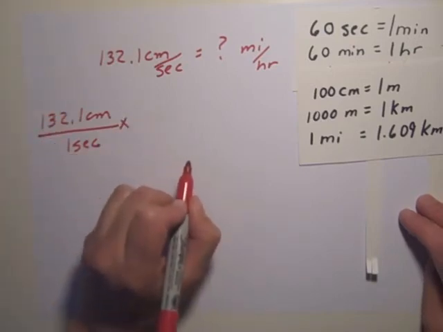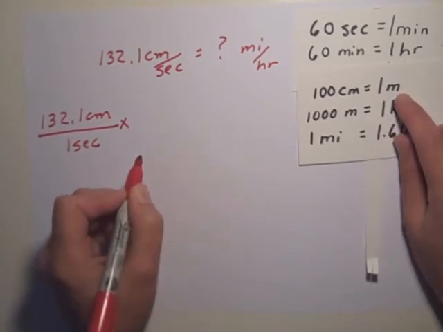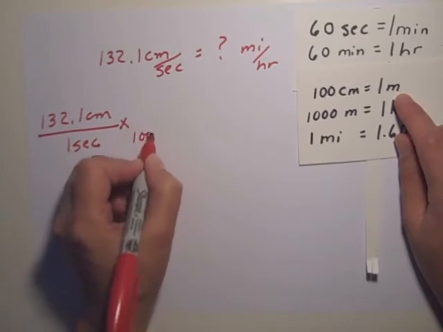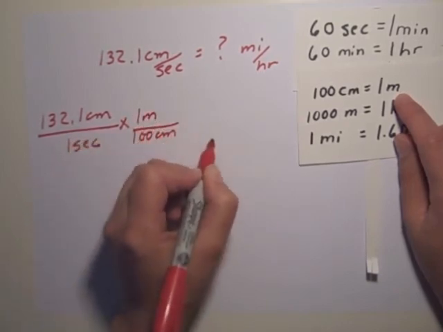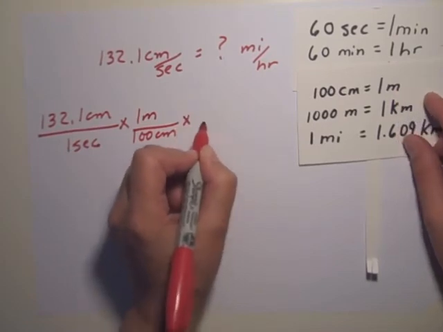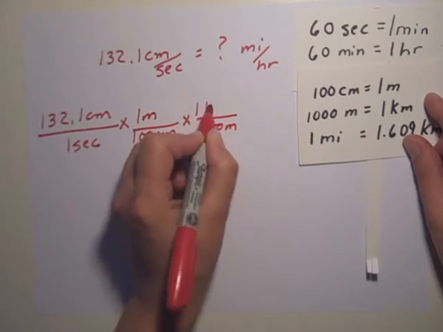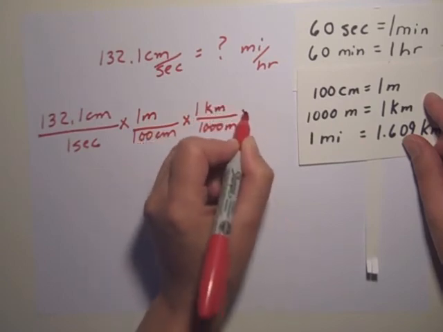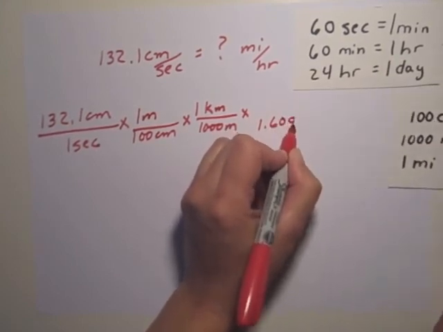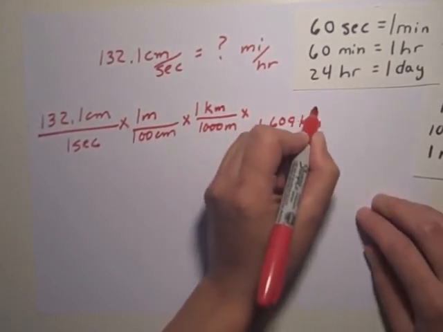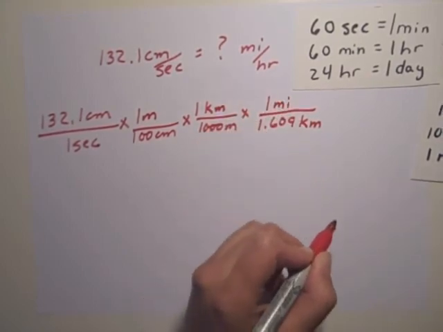If we start with our distance conversions, centimeters to meters, 100 centimeters in the denominator, 1 meter in the numerator. 1,000 meters in the denominator, 1 kilometer in the numerator. 1.609 kilometers in the denominator, 1 mile in the numerator.